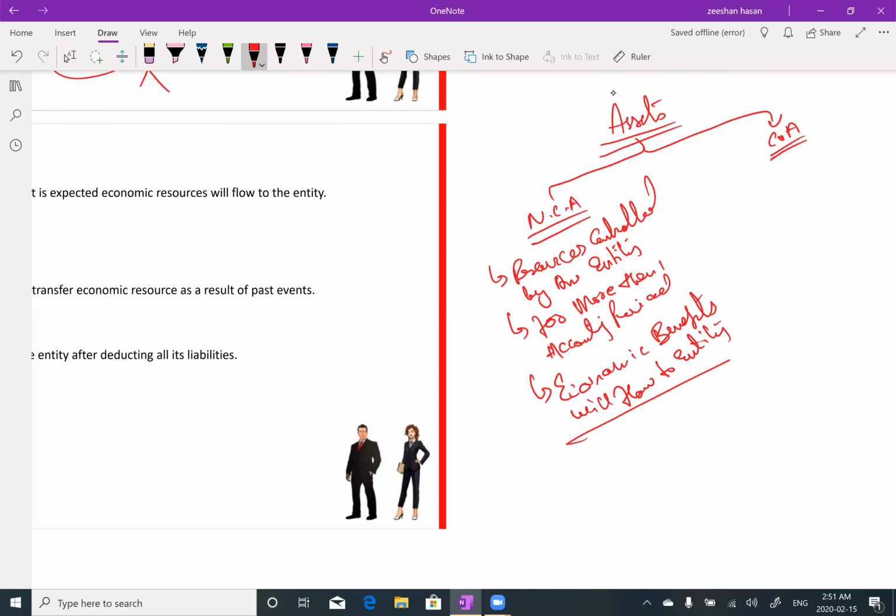For example, land, building, machinery, etc.